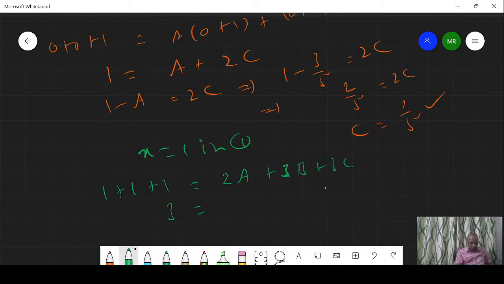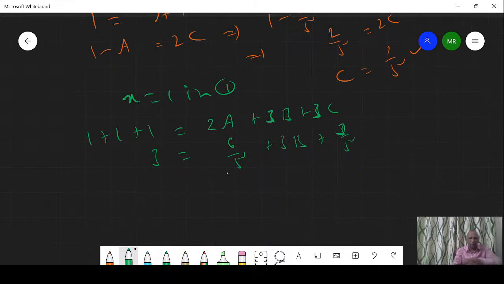So 3 equals, we know the a value and c value. The a value is 3 by 5, so this will be 6 by 5. Then 3b, and the c value is 1 by 5, so 3c is 3 by 5. So 3 equals 6 by 5 plus 3 by 5 plus 3b, that is 9 by 5 plus 3b.